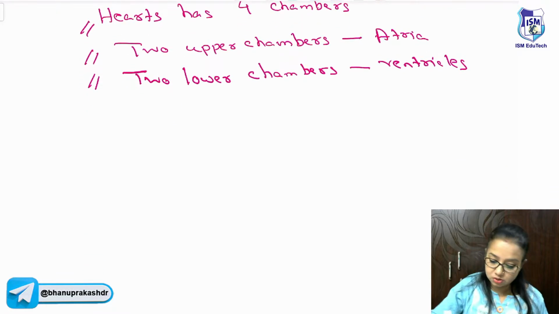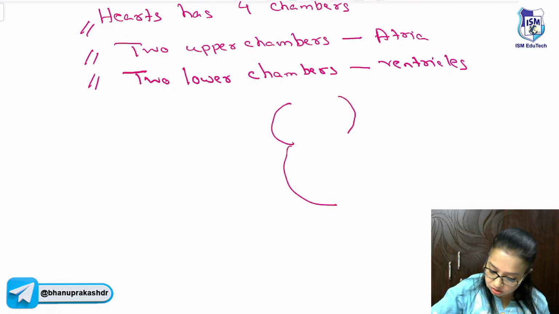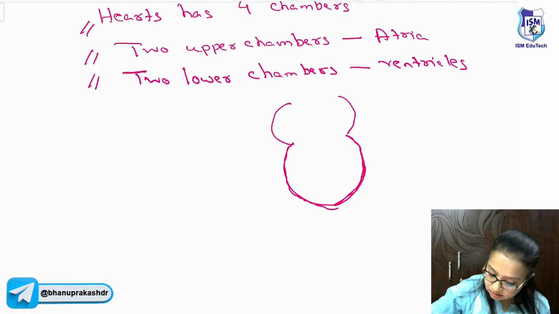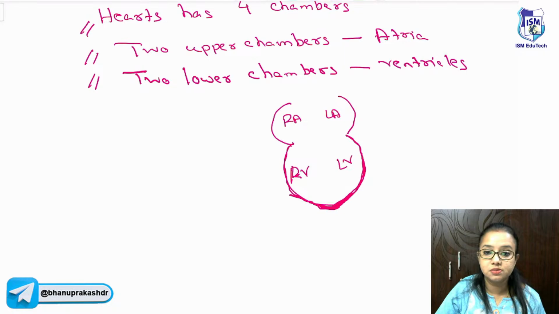Okay, so the heart is, as we all know, I'm just drawing a very simplified diagram for our understanding. So this is our heart. The upper chambers, these 2 are the right atrium and left atrium, and the lower is the right ventricle and left ventricle, right?